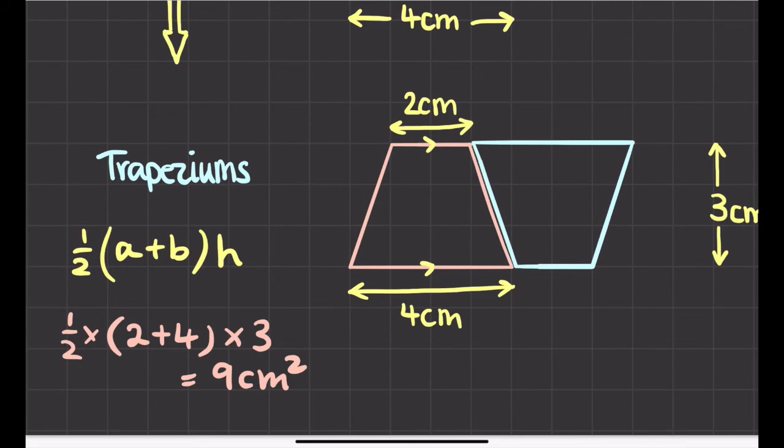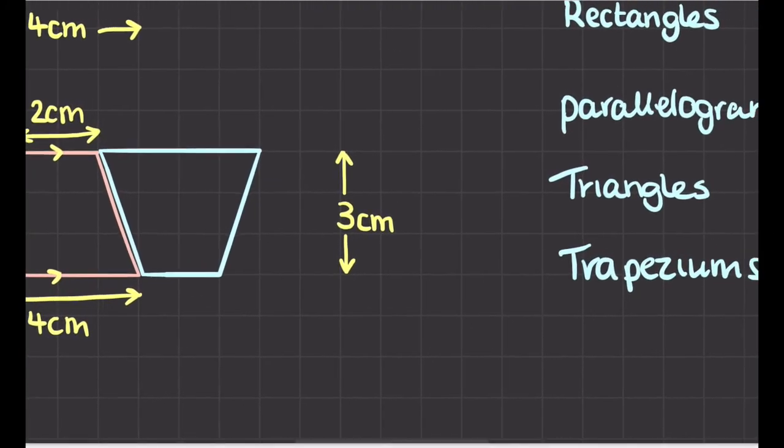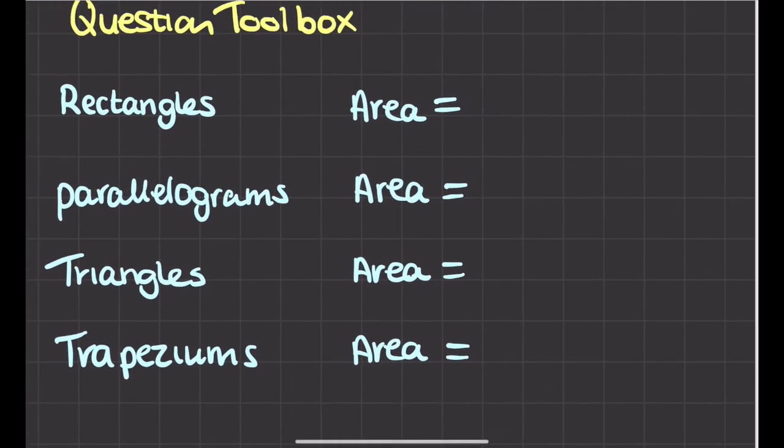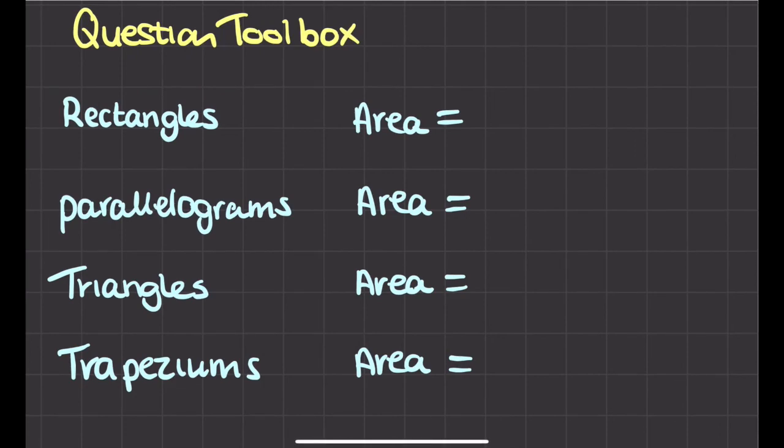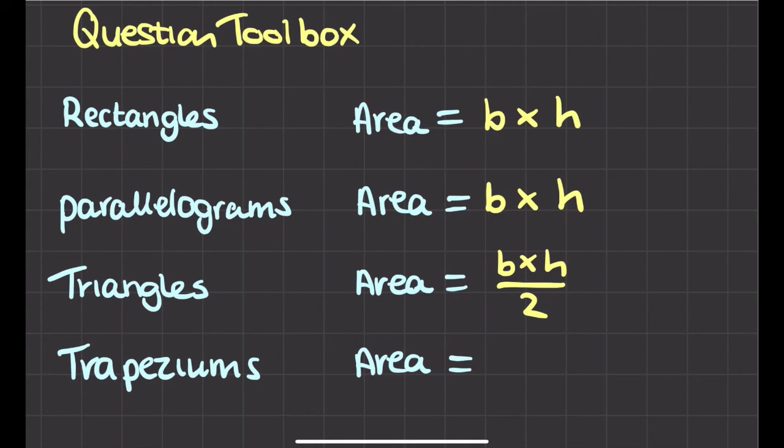Cool. So let's just review what we've done then. We said that rectangles have an area of base times height. The parallelograms also have an area of base times height. We just need to make sure that that height is perpendicular. Triangles have an area of base times height, but they're only half of a parallelogram, so we have to have half of it.